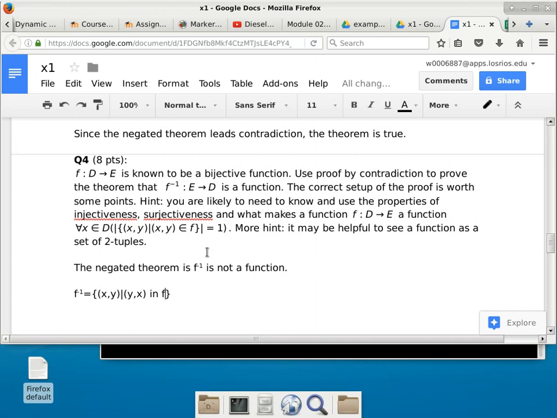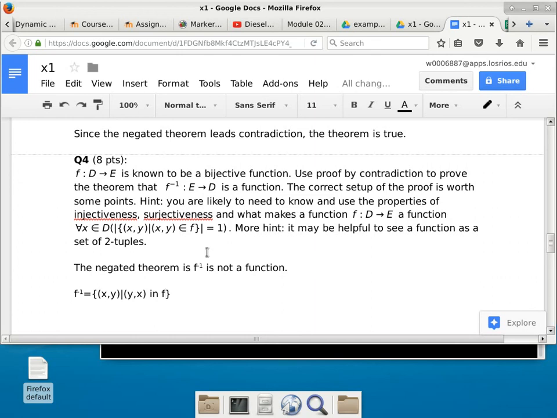It has exactly the same cardinality as F itself. It's just that every two tuple in F inverse is the reverse of that same tuple in F. It's just reversing everything. But does it automatically make F inverse a function? It does not make it automatically a function.